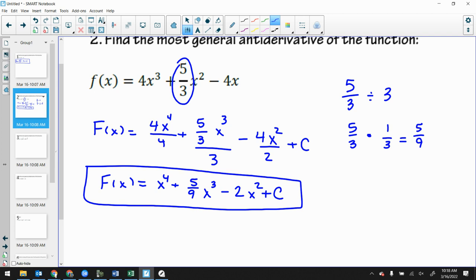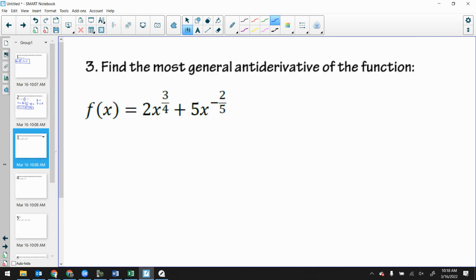Not so bad, right? All right, let's keep it moving. Here's number 3. Find the most general antiderivative of that function. Okay, so it's still kind of polynomial-ish, right? I just have some rational exponents that I've got to work with. So the exponent is 3/4 for my first one, and then negative 2/5 for my second one.